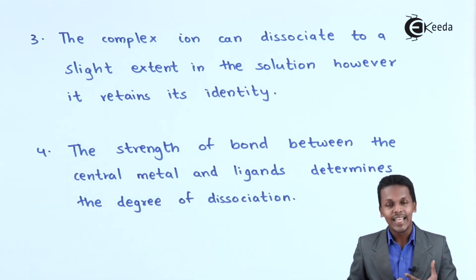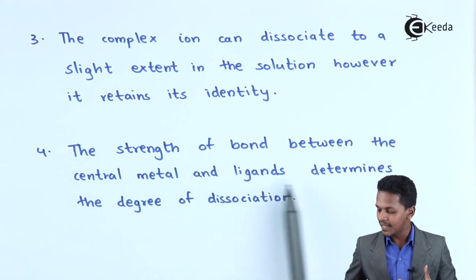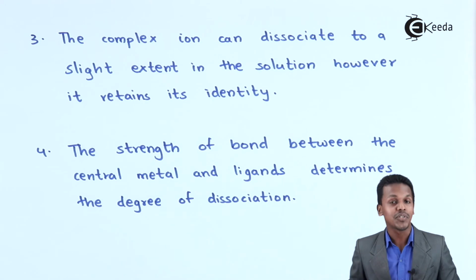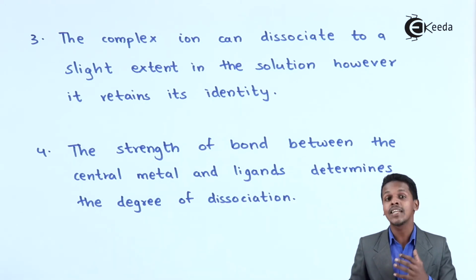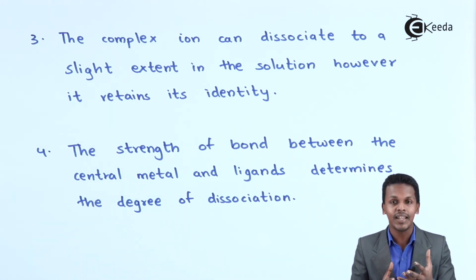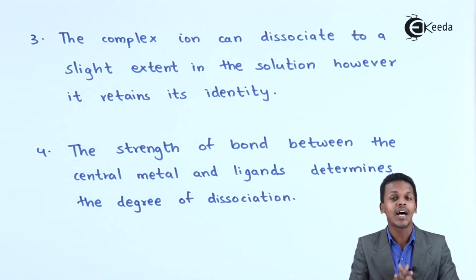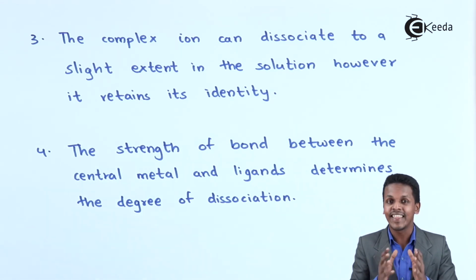And now let me talk about the next one, that is, the strength of the bond between the central metal and the ligand determines the degree of dissociation. We understand that ligands are of two types, a strong field ligand and a weak field ligand. Those ligands which have a strong interaction with the metal, so that they would not dissociate that much, are known as strong field ligands, and they have a strong bonding with the metals.